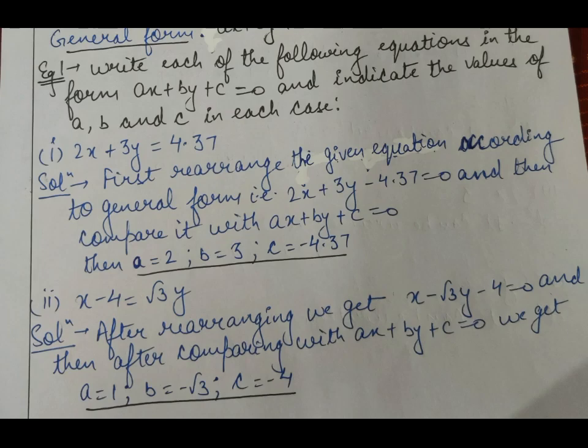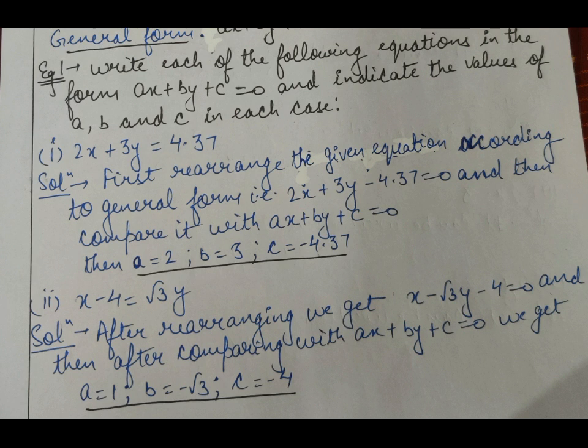Now on the basis of this general form and these definitions and examples, we are doing some more examples. So example number 1 is, write each of the following equations in the form ax plus by plus c is equal to 0 and indicate the values of a, b and c in each case.